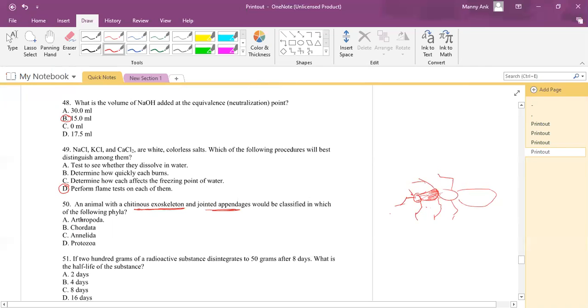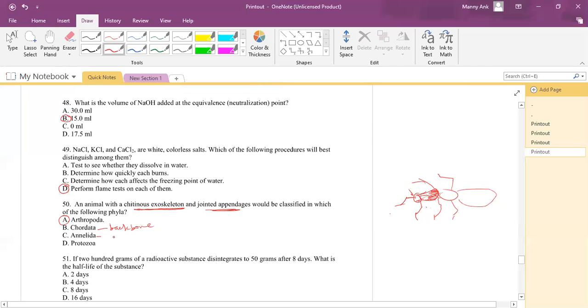You classify them as arthropods, Arthropoda. For example, the insects belong to this group. Chordata, chordates, they have a backbone. Animals with a backbone. Chordates, like dogs and cats, etc.